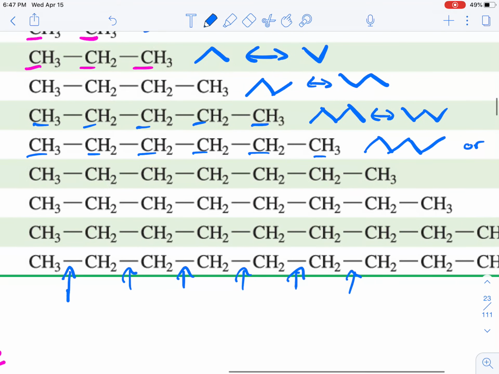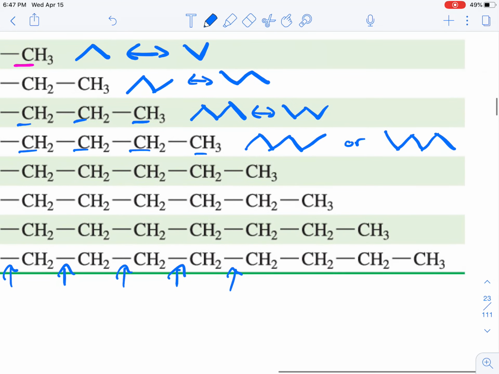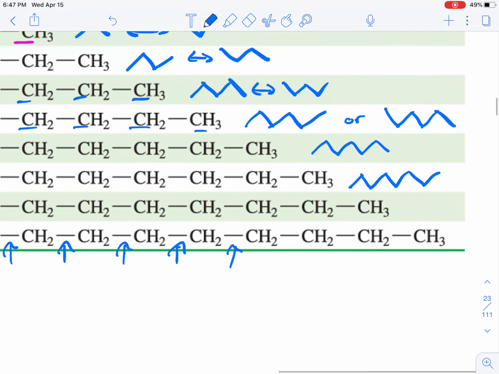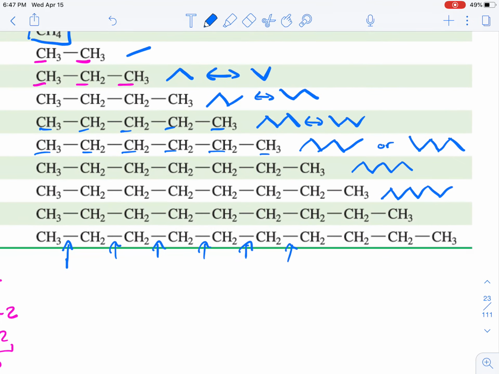The next one is heptane. That's 7 carbons, so 1, 2, 3, 4, 5, 6, 7. Octane, 1, 2, 3, 4, 5, 6, 7, 8. Hopefully you get the pattern for 9 and 10.